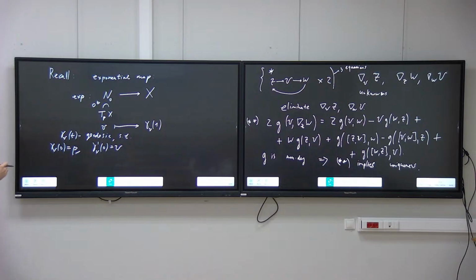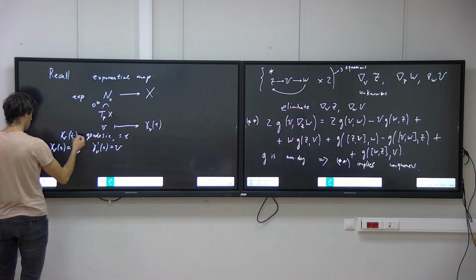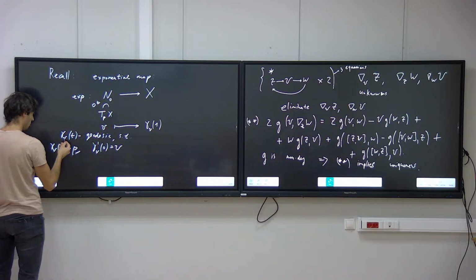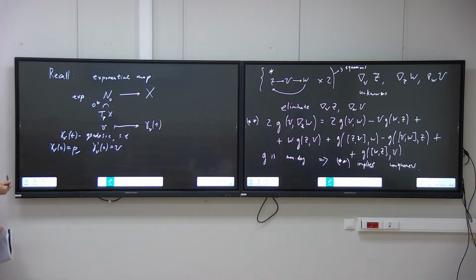So that was the construction, and N0 is some neighborhood of T_pX such that gamma_v(t) can be evaluated at 1.